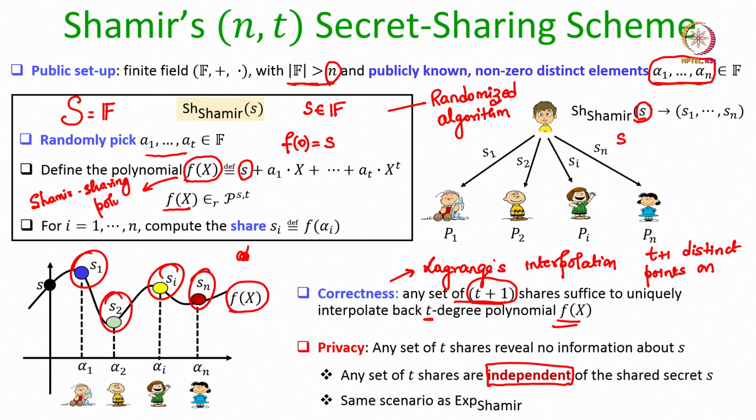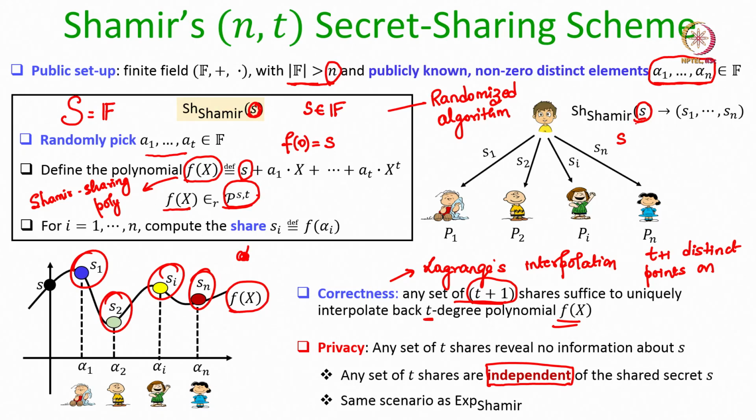So, the Shamir sharing polynomial is not fixed for a fixed S. For a fixed S, the Shamir sharing polynomial takes different values from this bigger set of all possible t degree polynomials with S being the constant term. That automatically implies that the vector of shares which the dealer will compute for different invocations of the Shamir secret sharing, but for the same input S, will be different.